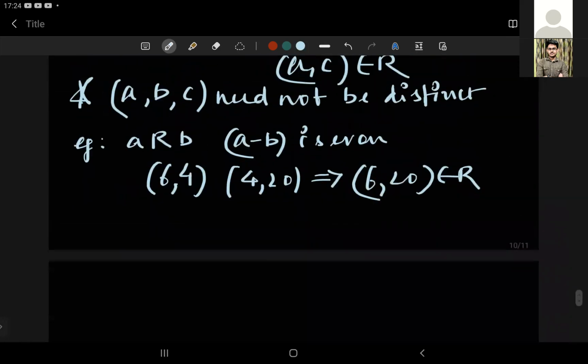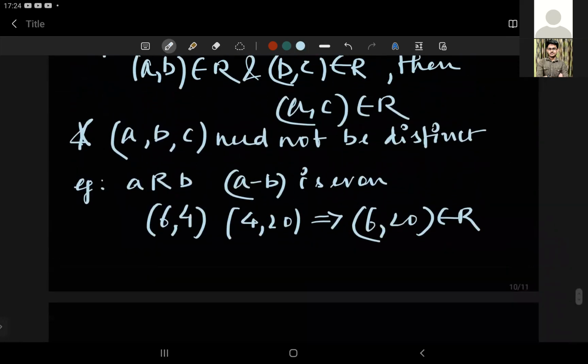Can you show the previous page once? This part? Yeah. Okay, let's say we have three natural numbers x, y, and z.